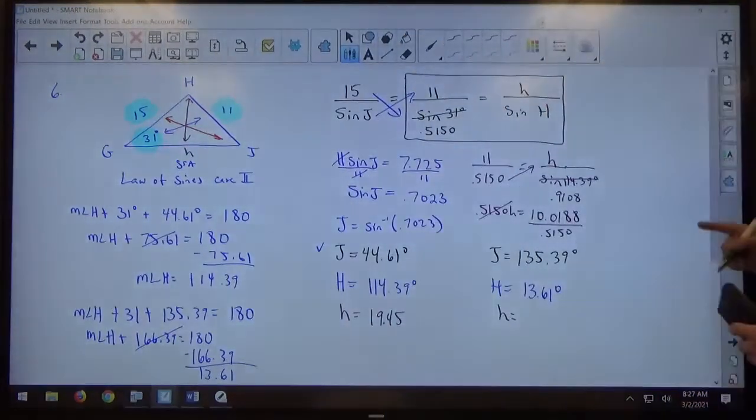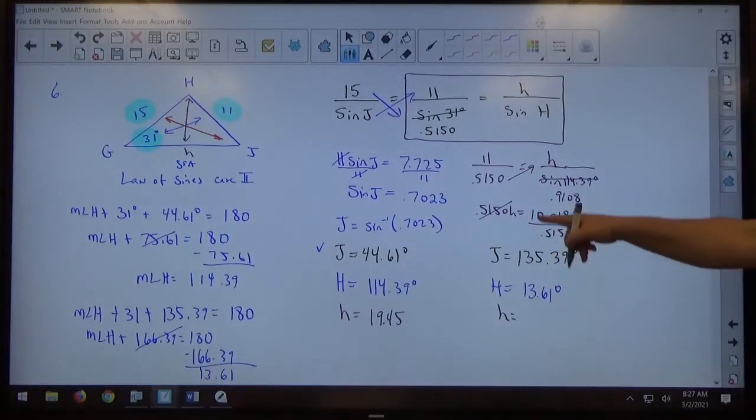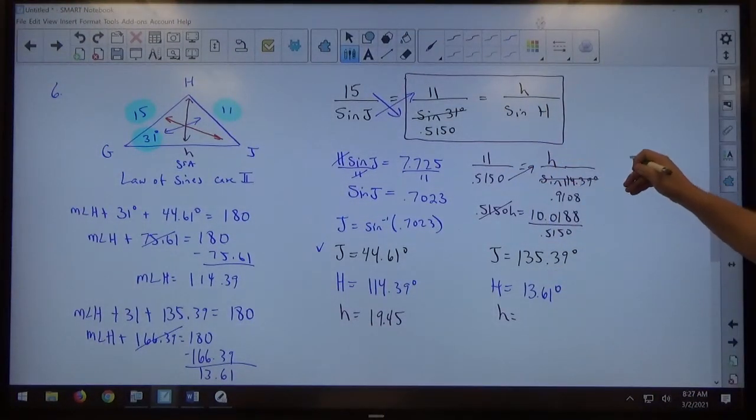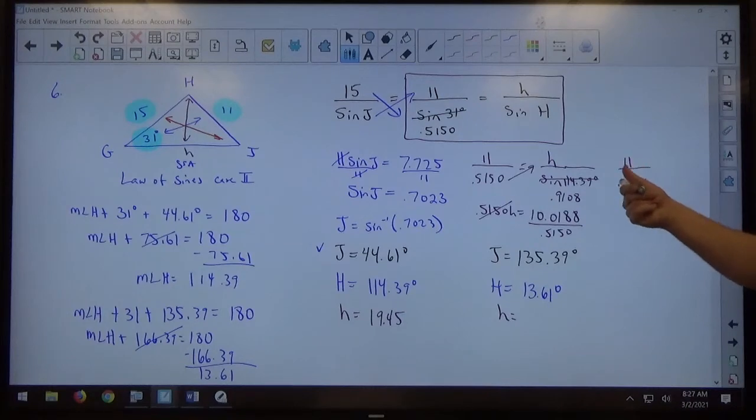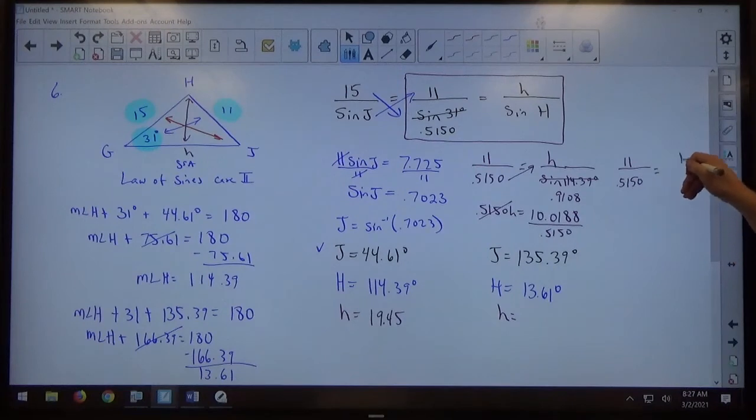Okay. The other angle H, again I'm going back here, 11 over 0.5150 equals little h over sine of the other angle H, which is 13.61 degrees. My calculator says sine of 13.61 degrees is 0.2353.